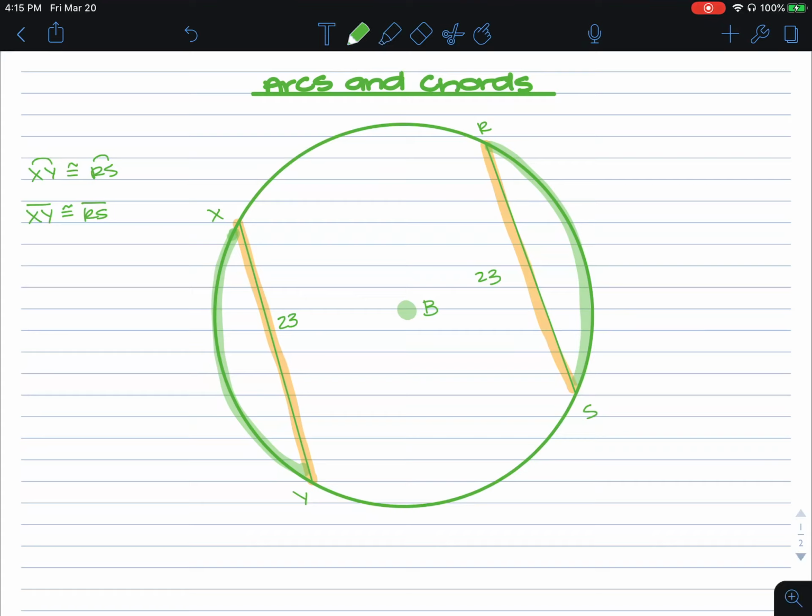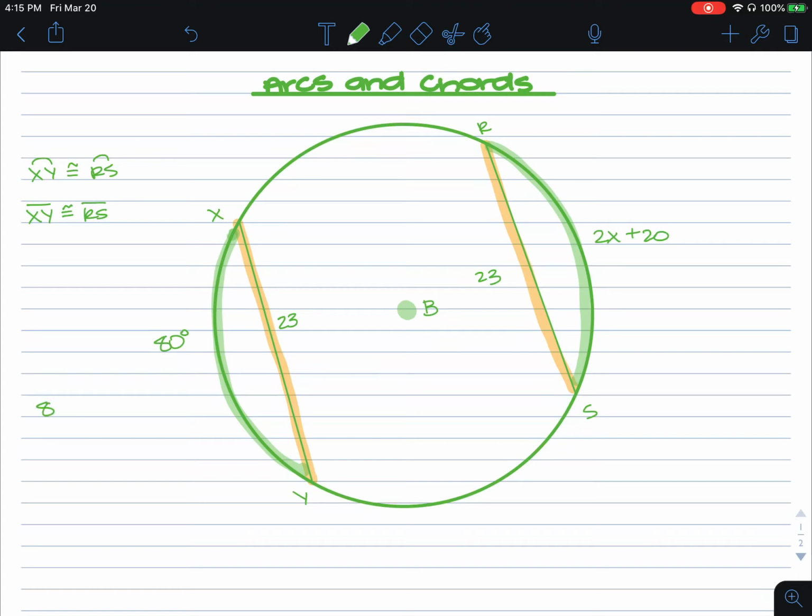Well, let's say this one was 80 degrees, and this side was 2x plus 20. Okay, well, I know that my chords are congruent, the two orange pieces. How do I solve for x? Well, if my orange pieces are congruent on my chords, then my arcs are congruent. So because my arcs are congruent, I can set those two equal to each other.